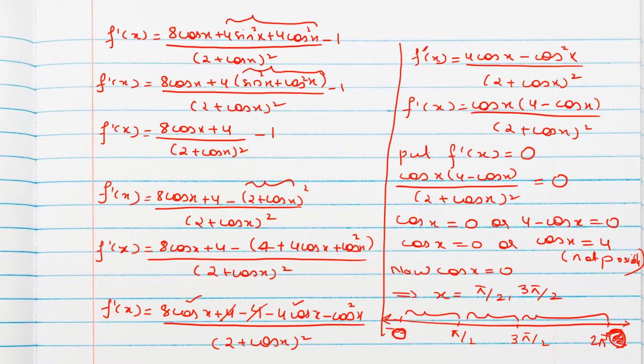Now we will check in each interval what will happen to f dash of x, what will be the nature of f dash of x. F dash of x we got here as cos x times (4 minus cos x) divided by (2 + cos x) whole square. Now the denominator is a bracket square, so it will be positive for any value of x, because the square of any number will be positive.